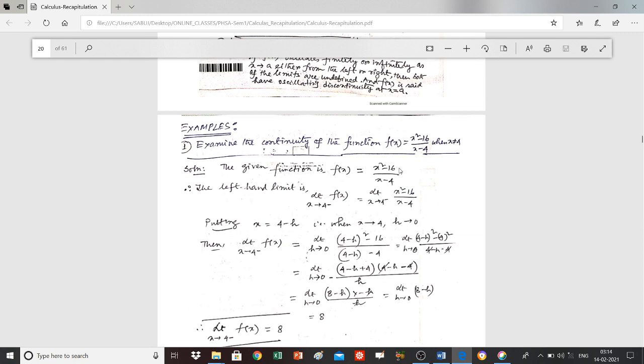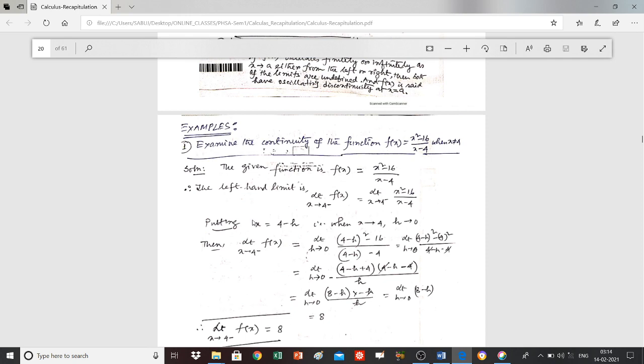The function is f(x) equal to (x square minus 16) by (x minus 4), and from the given function we can calculate the left hand limit. The left hand limit is written as limit x tends to 4 minus f(x), which equals limit x tends to 4 minus (x square minus 16) by (x minus 4).